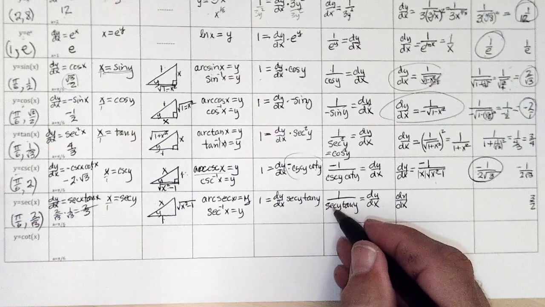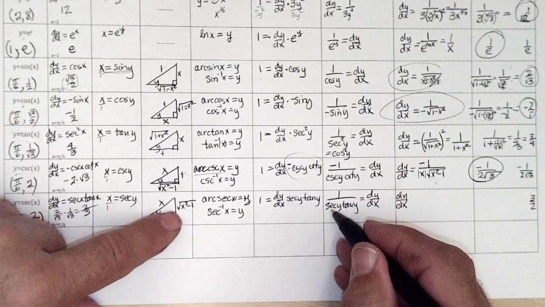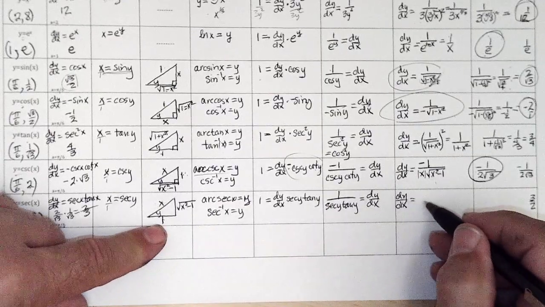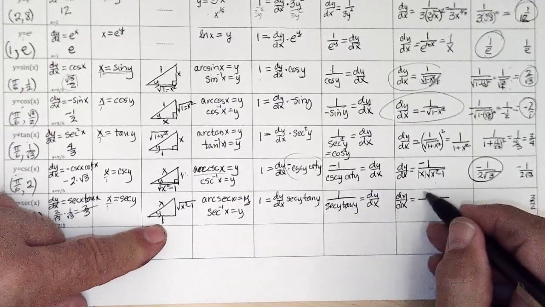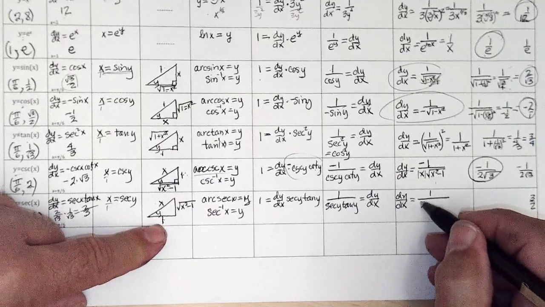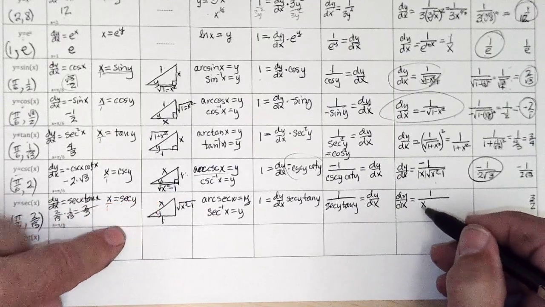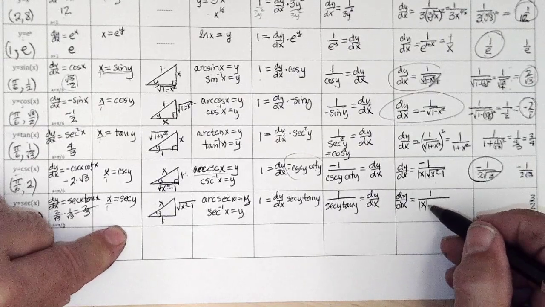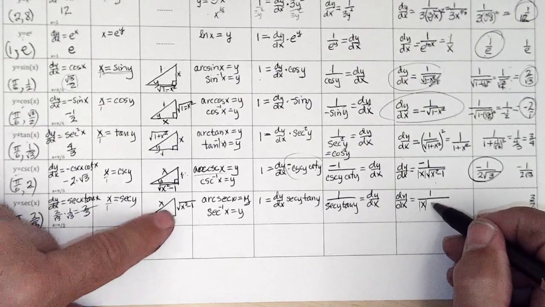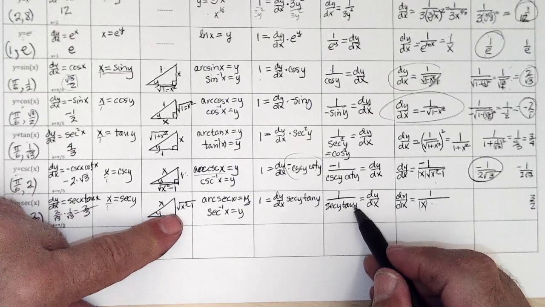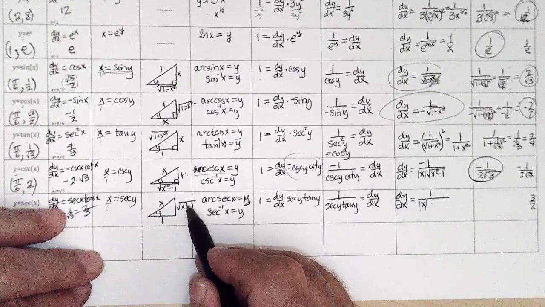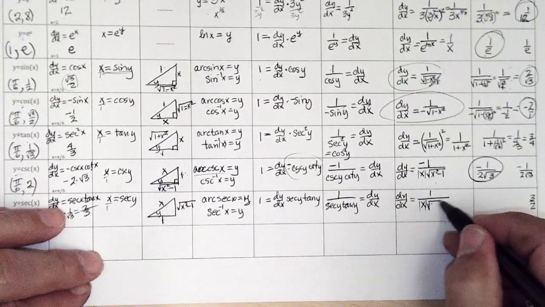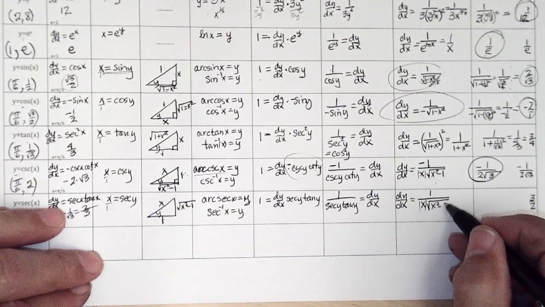Getting rid of the secant: secant was x over 1, so we got 1 over x, that's the secant on this triangle. It also should have absolute value, times the tangent of y, which is this opposite over adjacent. So it's the square root of x squared minus 1.